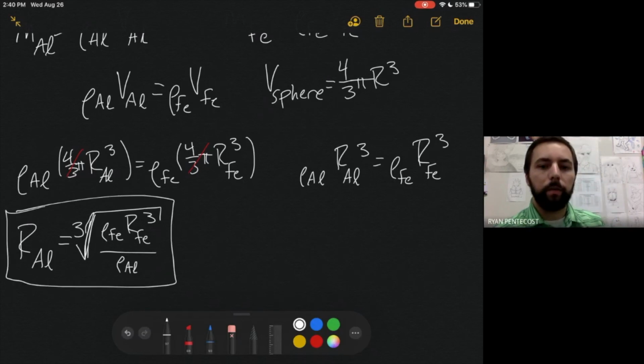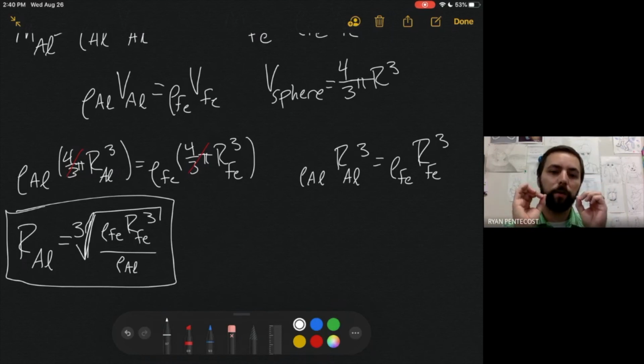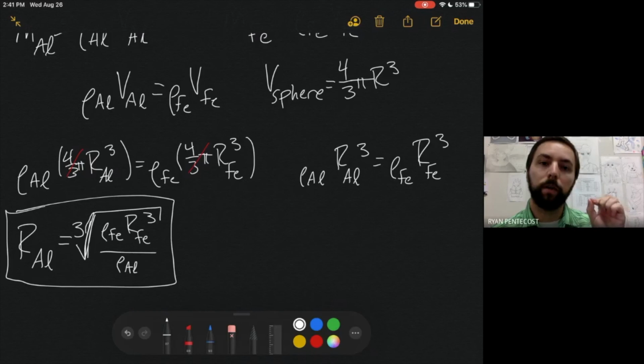Now, that is the style or method that we'll use a lot in this class, because we don't have numbers, so you're not going to get a numerical answer. But if the scenario is true that we have a solid aluminum and a solid iron sphere, and they match their masses on an equal arm balance, then it doesn't matter what their radius is, because if we know the radius of one, we can find the radius of the other for every varying size of those spheres.